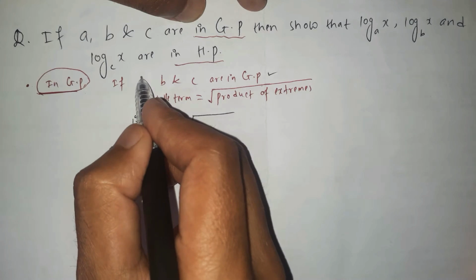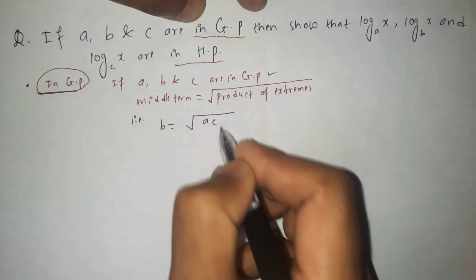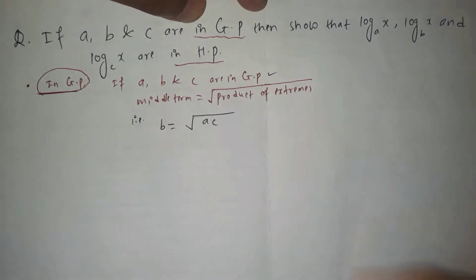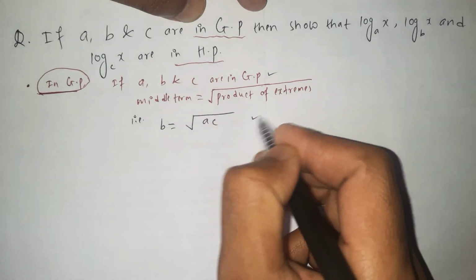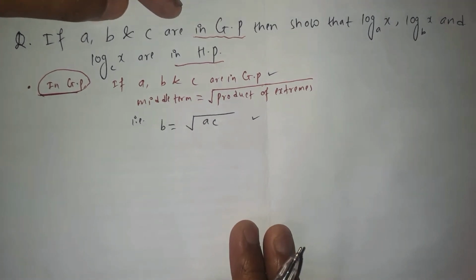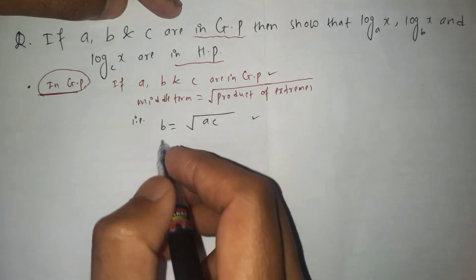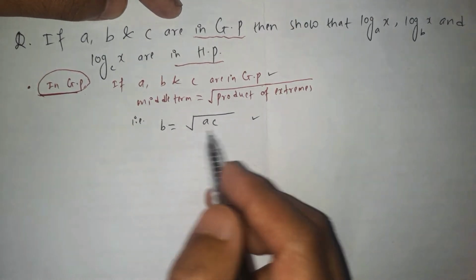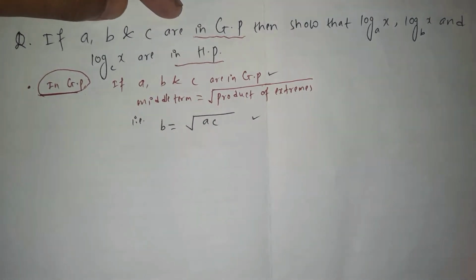Here the extremes are A and C, and their product will be AC, and the square root of AC gives B. This middle term is called the geometric mean, which has the value of the square root of the product of the extreme numbers.